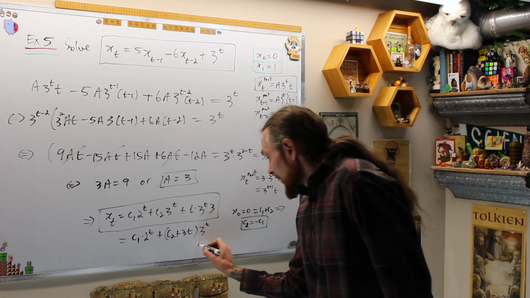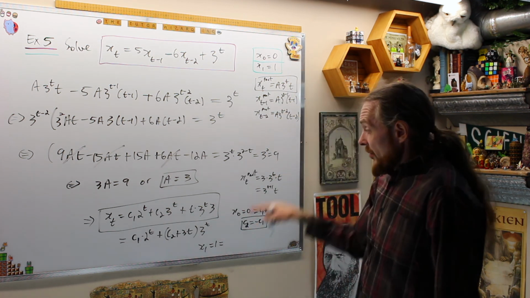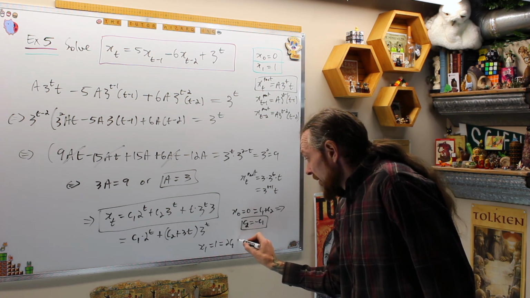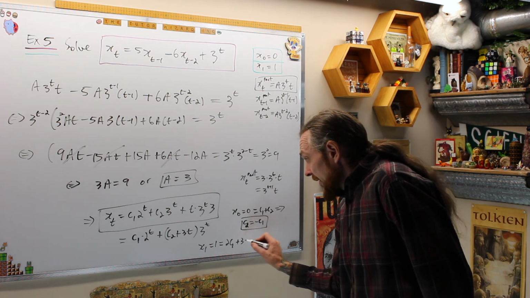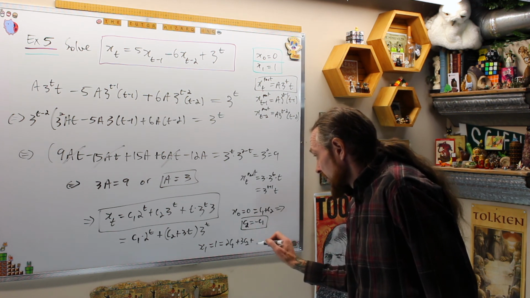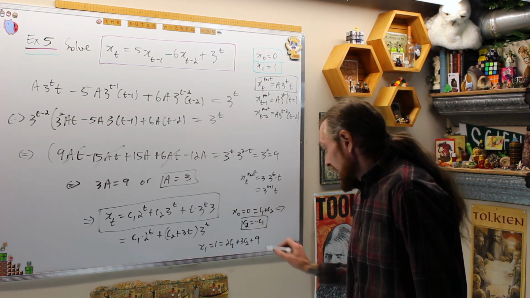Putting that in here, x_1 equals 1, which gives me, when I put that in there, 2c1 plus 3c2 plus, what did we get now? t is 1, so we got 9.